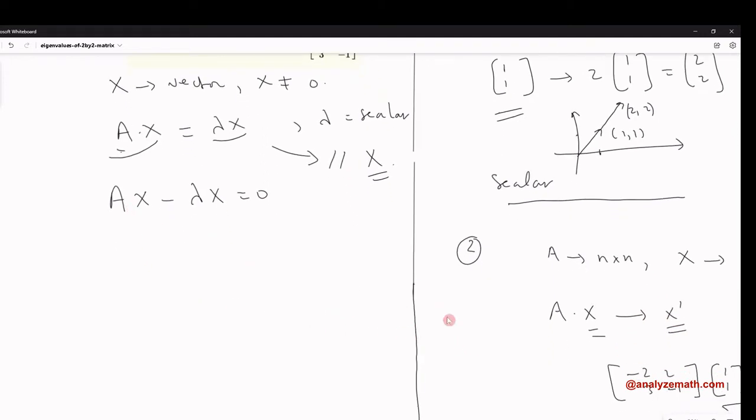Before we factor X, let's use the identity matrix I. We know that if we multiply I by X, it gives me my X. So we replace the X by IX; we have not changed anything.